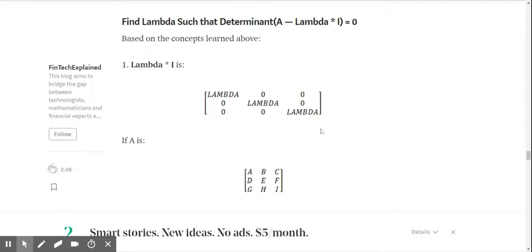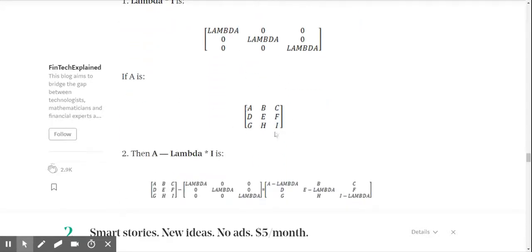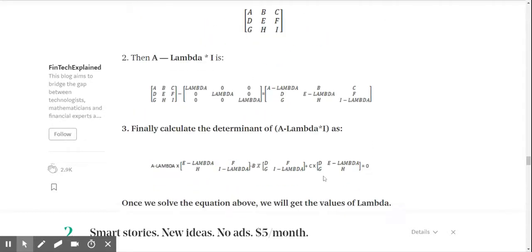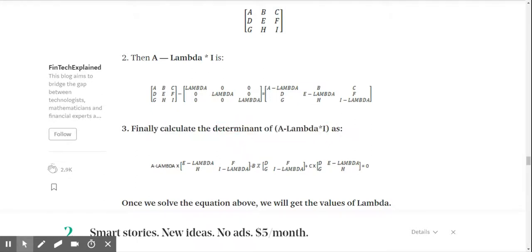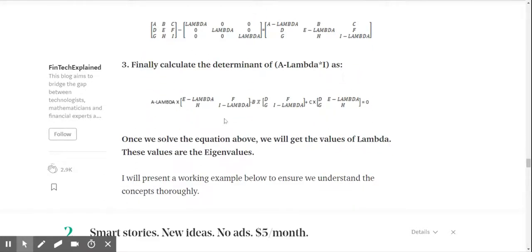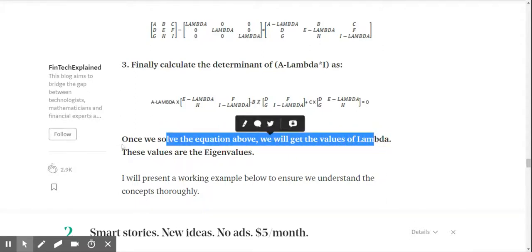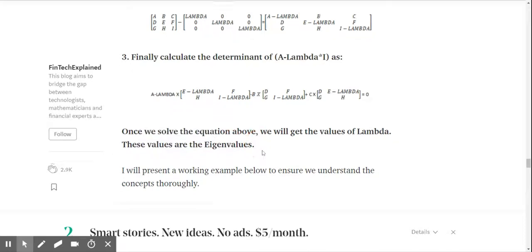Lambda times identity is this. If A is this, then A minus lambda times identity is this. Finally, calculate the determinant of that. Once we solve the equation above, we'll get the values of lambda. These values are the eigenvalues.